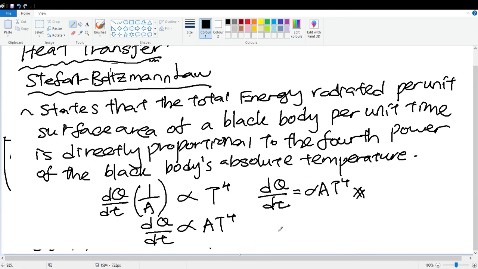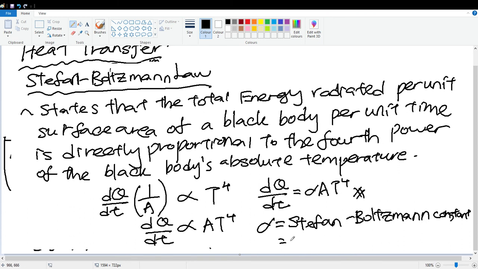This sigma is the Stefan-Boltzmann constant, which equals 5.67 times 10 to the power negative 8 W m^-2 K^-4. So this is the definition of the Stefan-Boltzmann law.